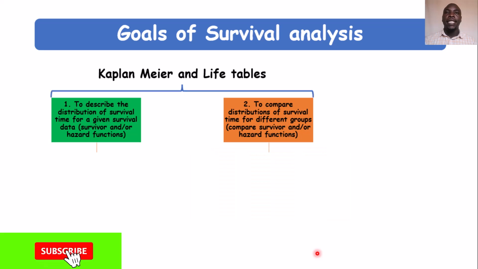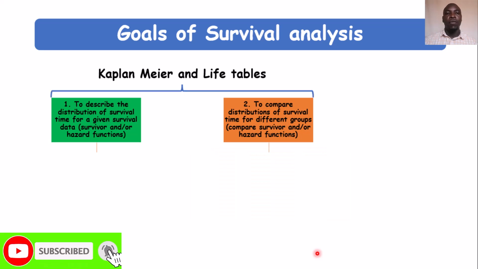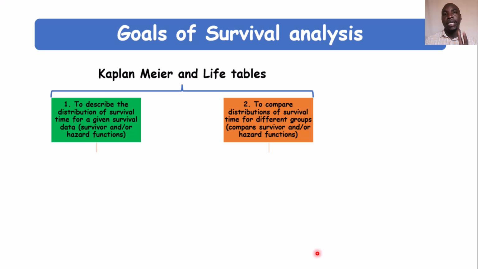To achieve these two objectives, commonly we use Kaplan-Meier and life tables. However, these methods have got two major limitations. That is, one, they don't give you a point estimate. You can't get, for example, odds ratios which logistic regression gives you. Here we can't have such an estimate.